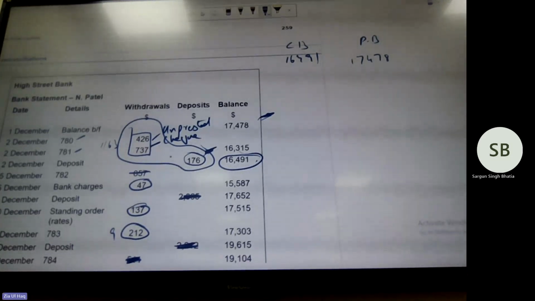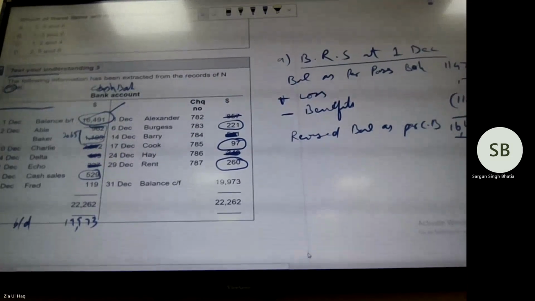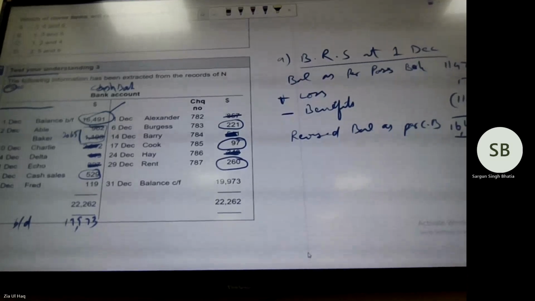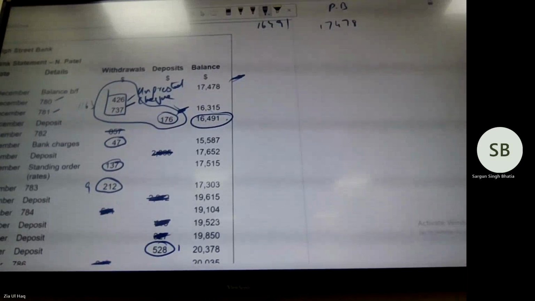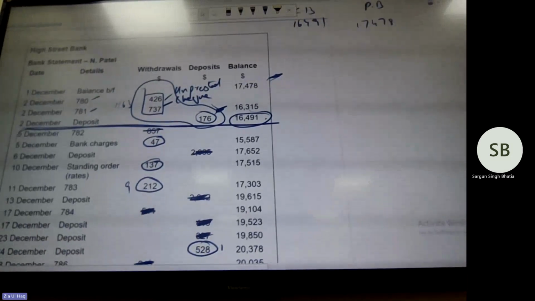They are unpresented and uncredited checks, which are not our mistake. That's why we have adjusted them into the passbook. Is that fine? Yes, sir. We have done this question till here.